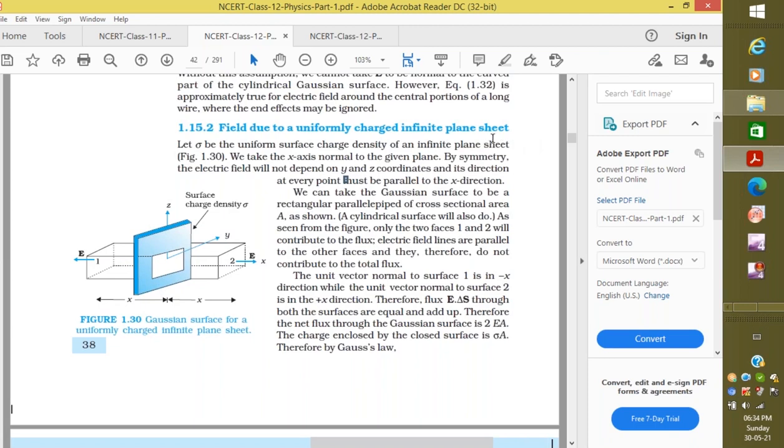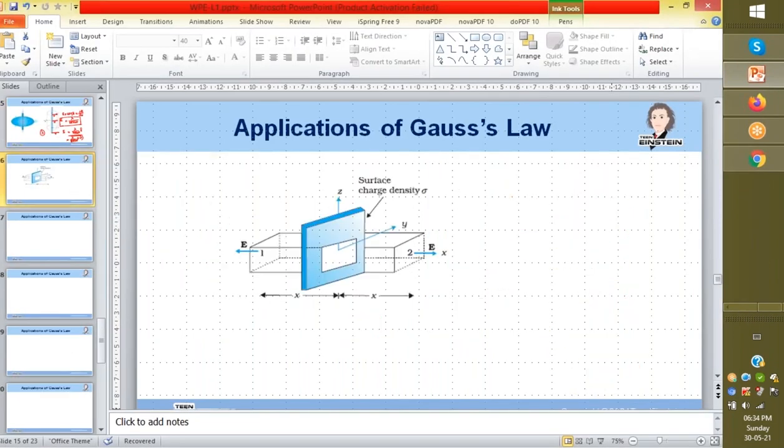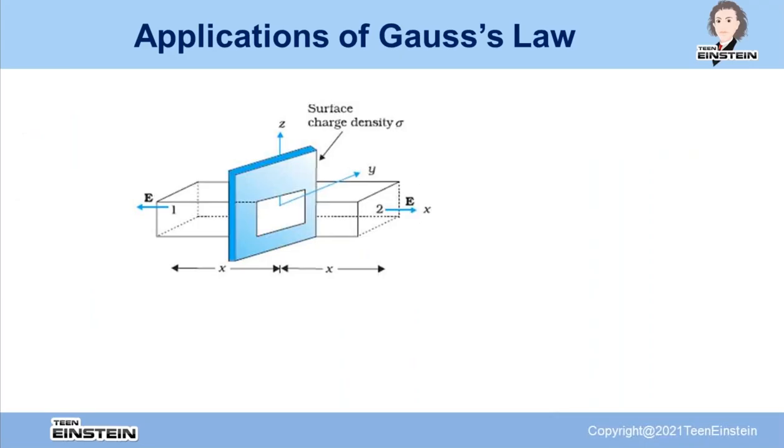So I have taken this figure here. Infinite plane sheet means what? Plane means it has two dimensions, right? So in this case, infinite means two directions will be infinite, but the third direction will not be infinite. Suppose you have a very thin sheet.